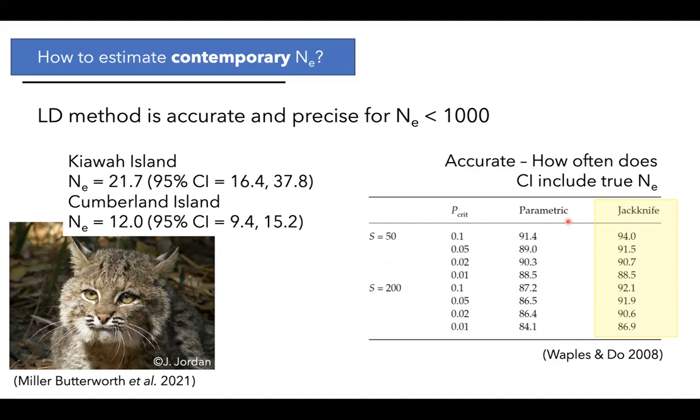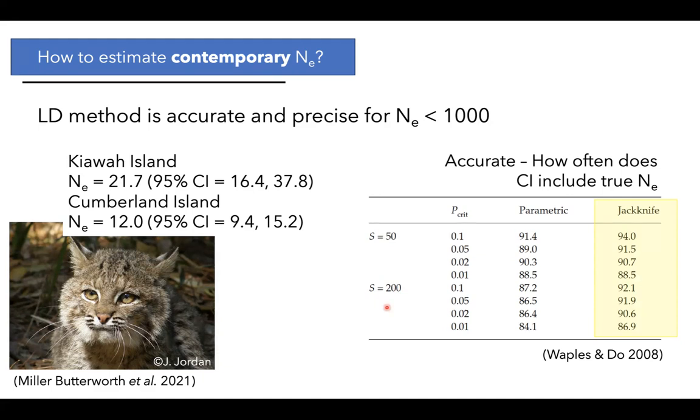So this table here is from one of the early papers developing this method that Robin Waples published. They're looking at accuracy, and they simulated data for a population that starts at 500 individuals, and took from those simulated data a sample of 50 individuals, and then separately a sample of 200 individuals.